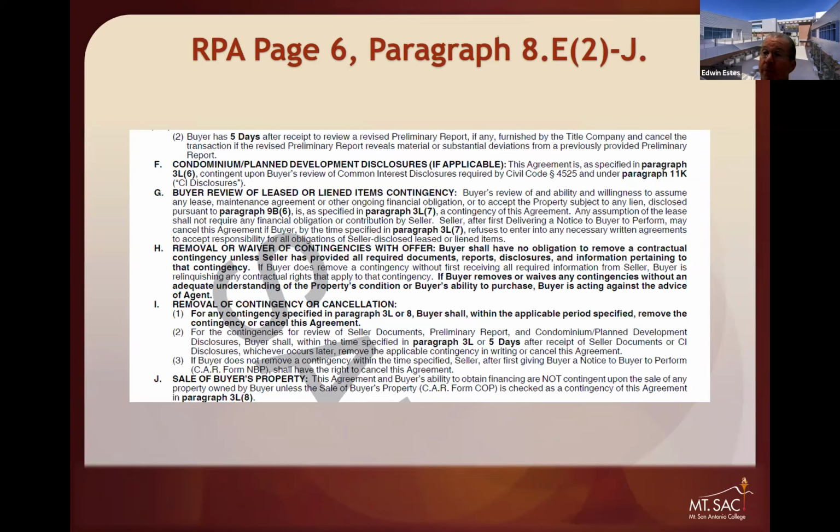If you want to go conventional adjustable rate, you need to check the box. If you want to go with FHA or VA, you need to check the box. I think if you're going with CalVet, you check the VA box. Haven't heard on that one yet, but specify in other terms, CalVet loan, if you're doing a CalVet, all right?